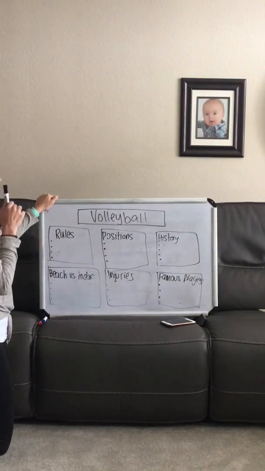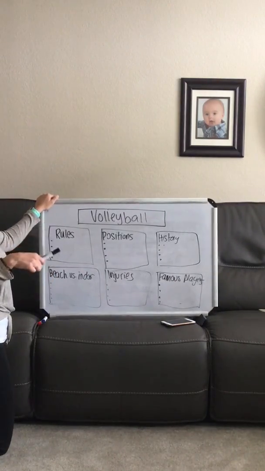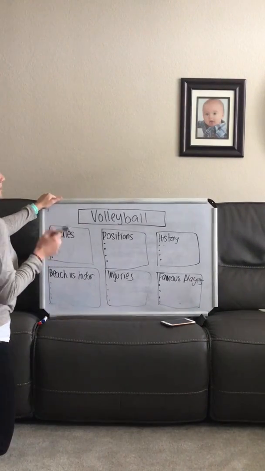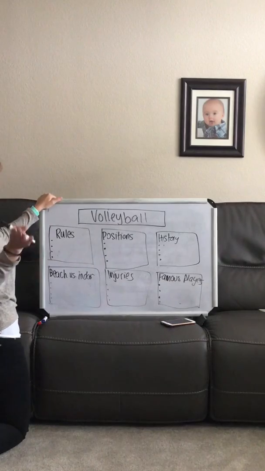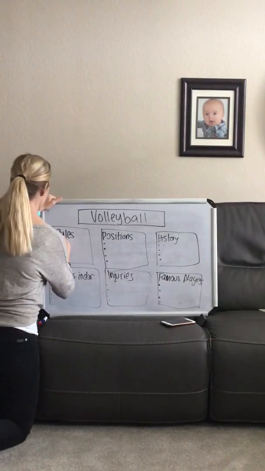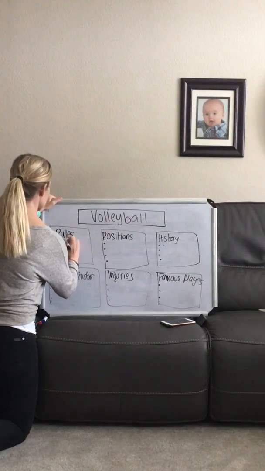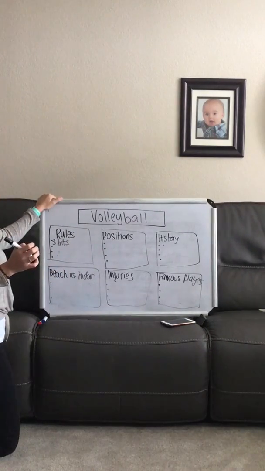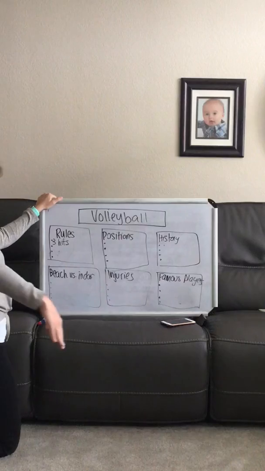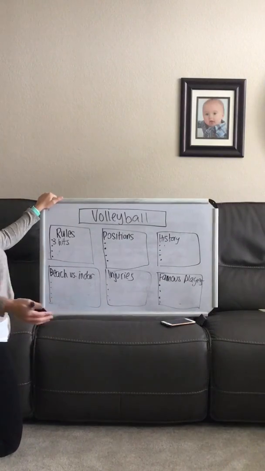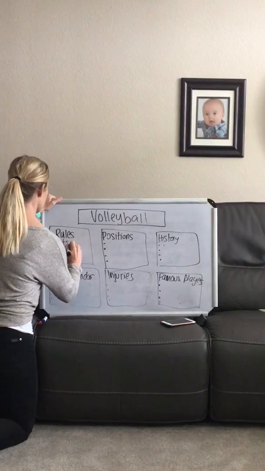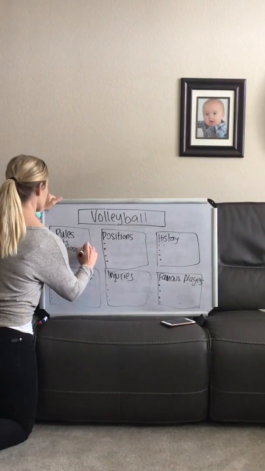So when I think about what are the rules that I would need to teach people about volleyball. One rule is you only have 3 hits per side before you can return the ball. So 3 hits. Another rule is that you cannot cross the line that's under the net, because that's to help prevent injuries. So can't cross line.